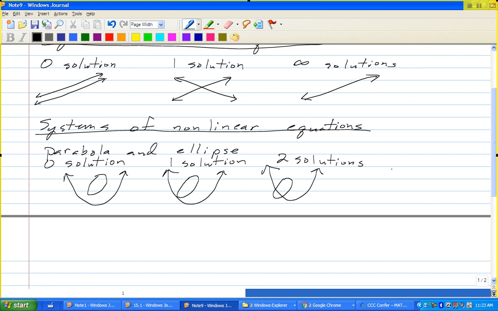Or maybe a parabola and an ellipse intersecting at three places.